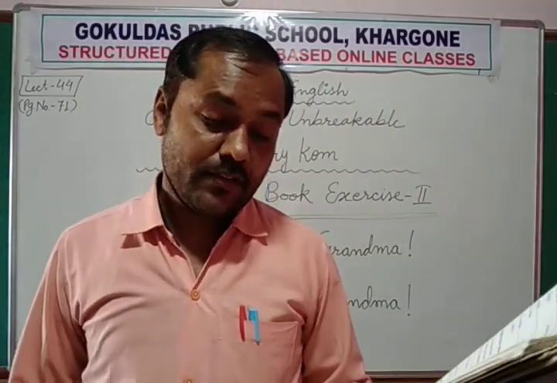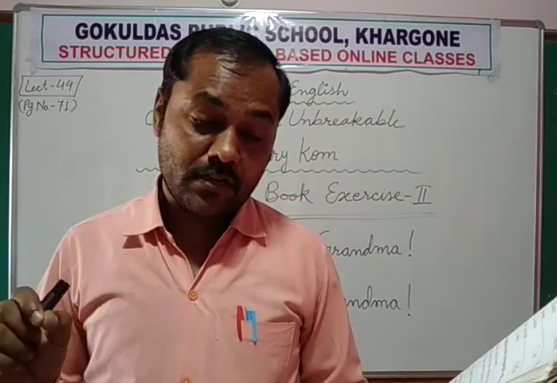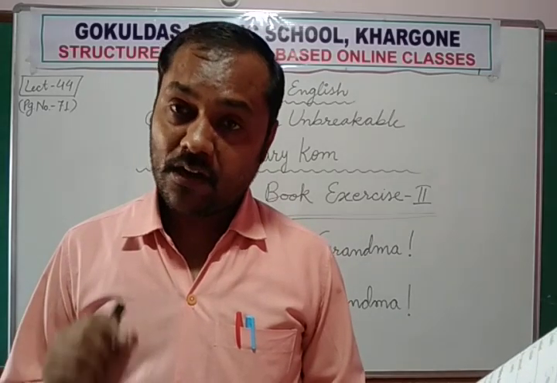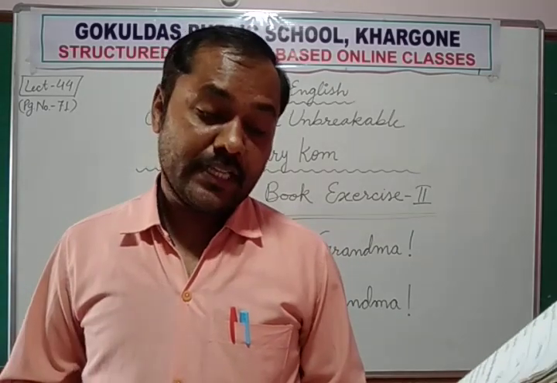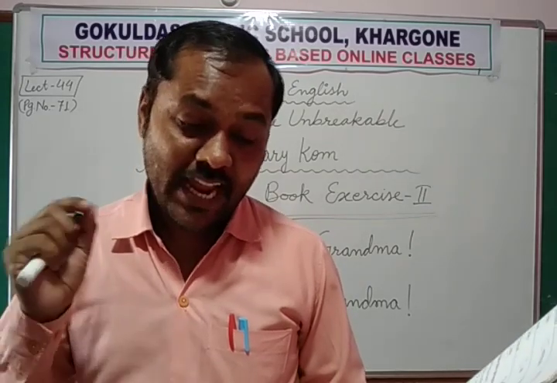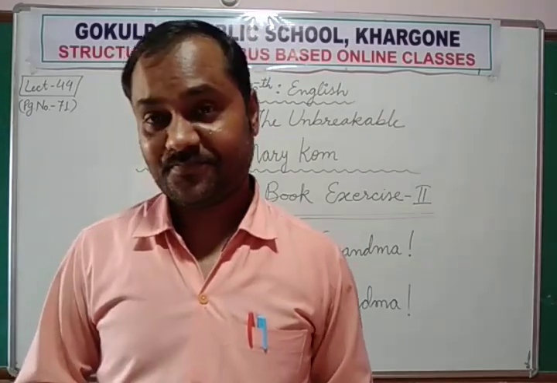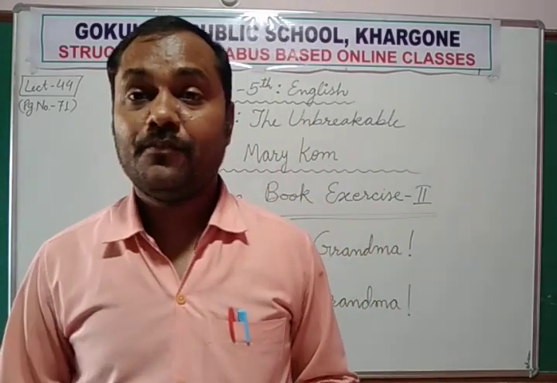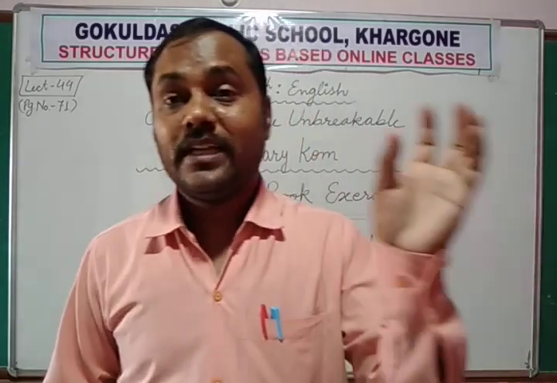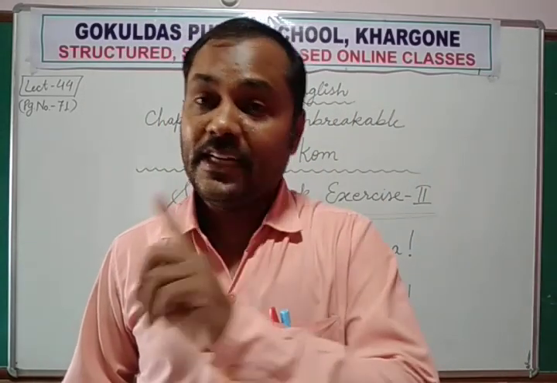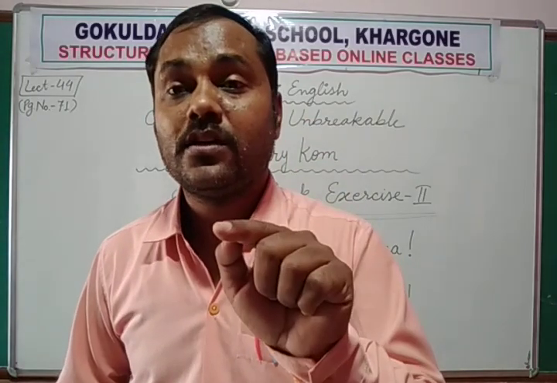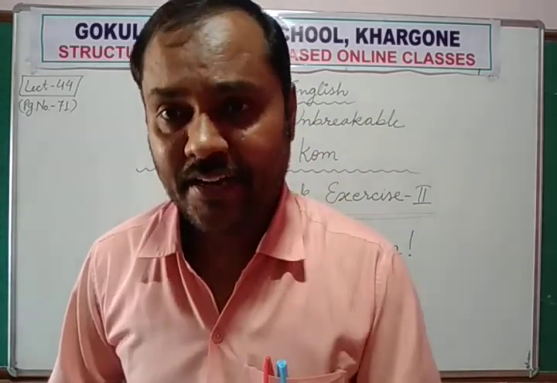Such as the Arjun Award, comma, the Padma Shri Award, comma, the Rajiv Gandhi Khel Ratna Award, and the Padma Bhushan. If you have seen, Padma Bhushan is the last award, and before the last award they didn't use a comma. In place of the comma, they used the conjunction and.